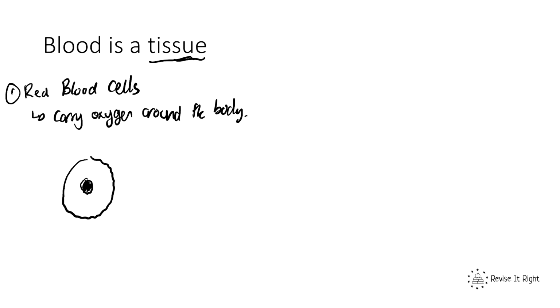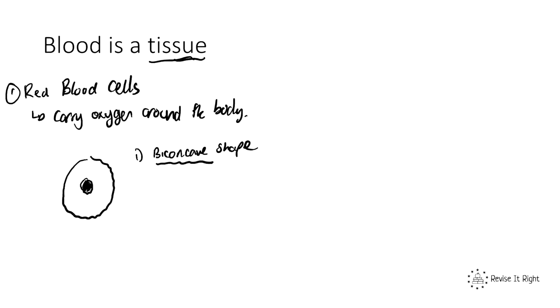Okay, so one adaptation is that they are a biconcave shape. Okay, so you'll remember from looking at a diagram, maybe of a red blood cell, that they indent on both sides. There's a little indent on both sides, and that is what we call a biconcave shape. So concave is to indent, and bi obviously meaning two, meaning they indent on both sides.